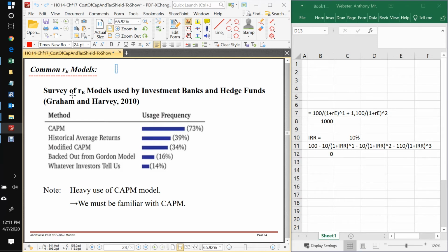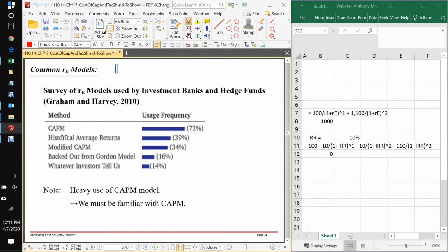Here's a great survey that was done of cost of equity capital models used by investment banks and hedge funds, done in 2010 but still very relevant today. If we look at the results of this survey, we see that most investment bankers and hedge funds were using and still are using the CAPM method.